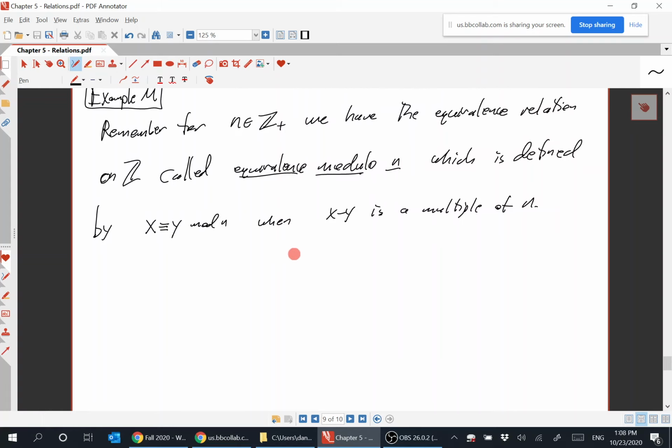You have bracket 0. So 0 is an integer, so it's got to have its own equivalence class.